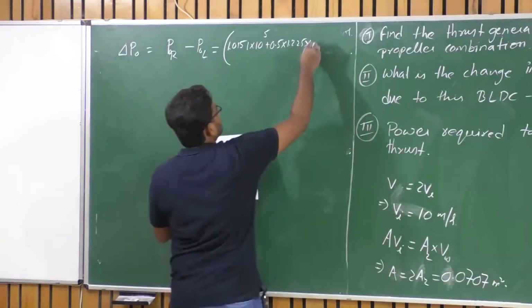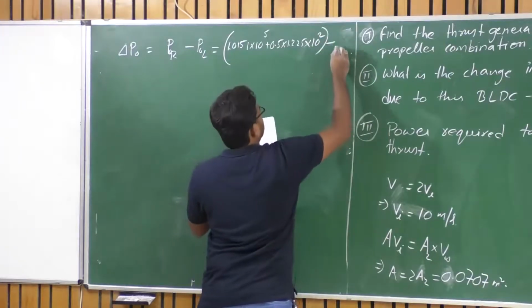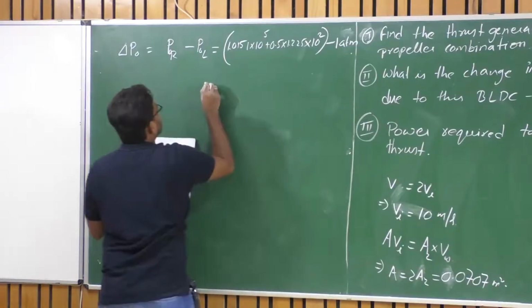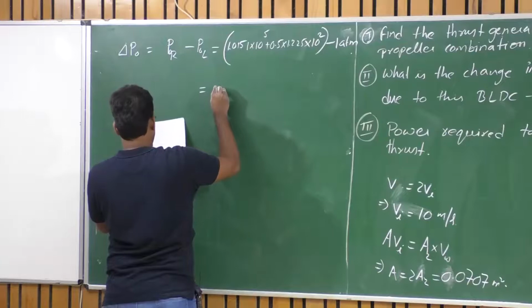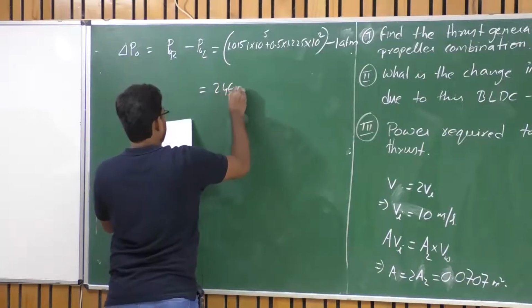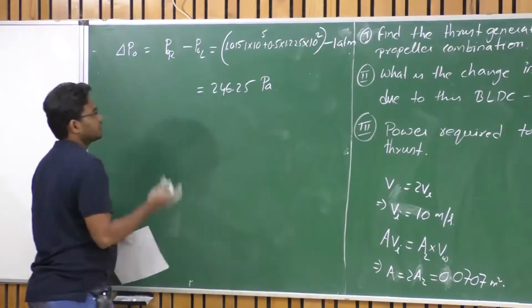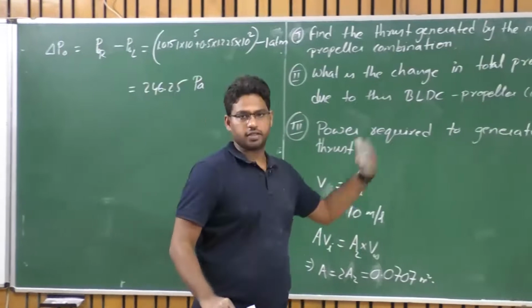Half rho V is 10 meters per second, minus 1 atmosphere, 1 ATM, right? This is equals to 246.25 Pascal, an additional pressure that is added because of this particular disc.